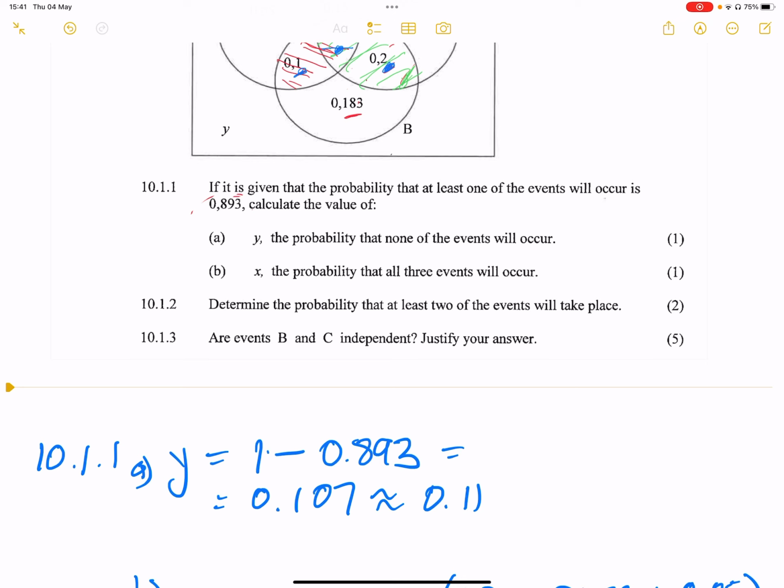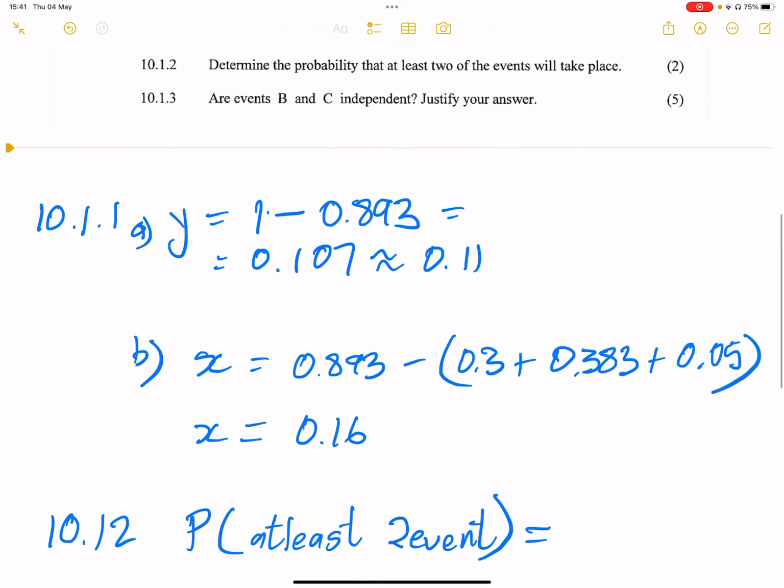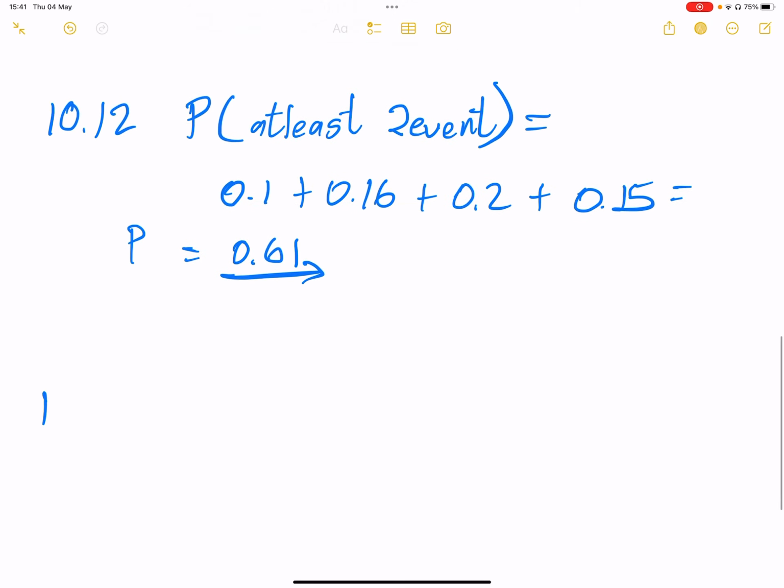Now, ladies and gents, you'll see that I've covered the issue of independence quite extensively in the longer lessons. Now, what do we know when events are independent?